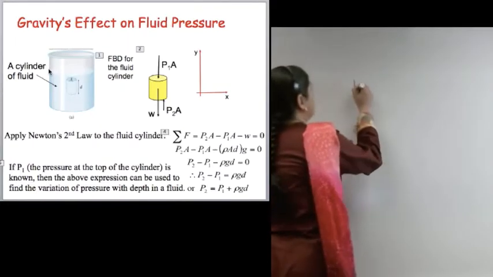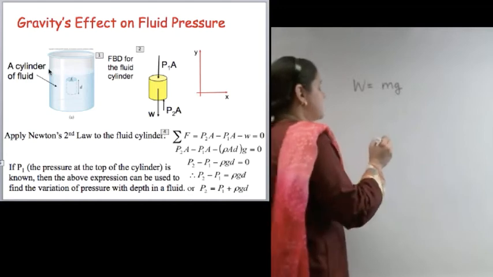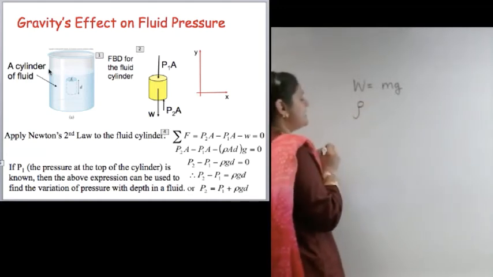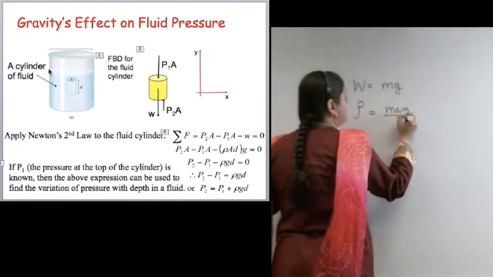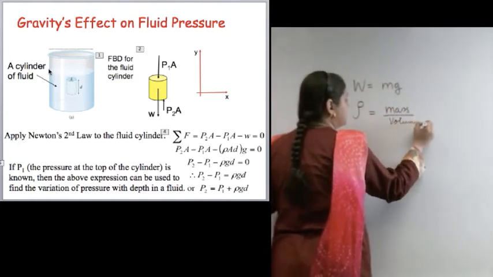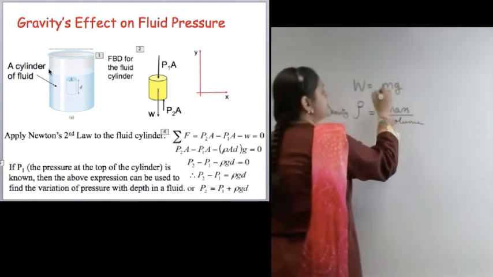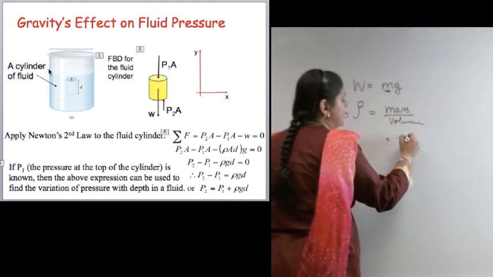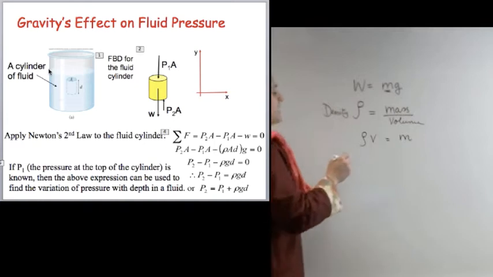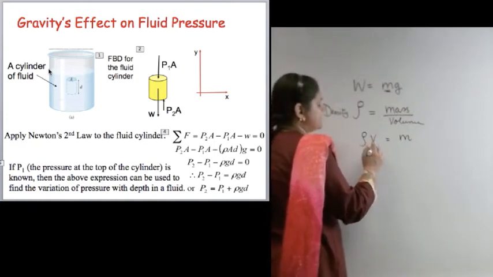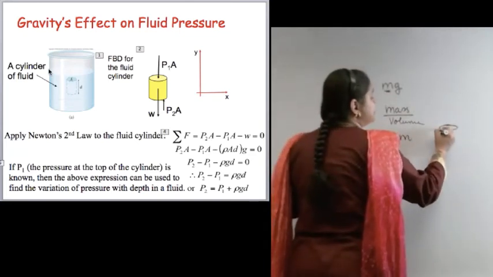We know that weight equals mg. In terms of density, we express density as rho. Density is mass per unit volume of anything that you want. I want to replace mass, so m is going to be rho V. In general, for most cases, consider the thing to be a cylinder.